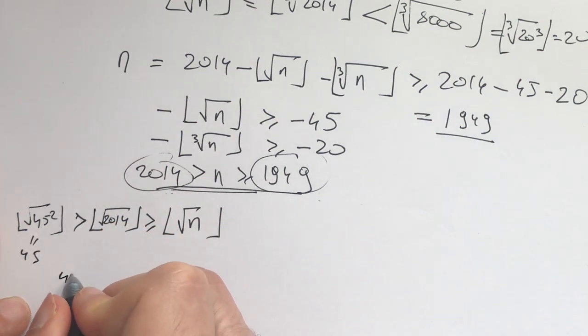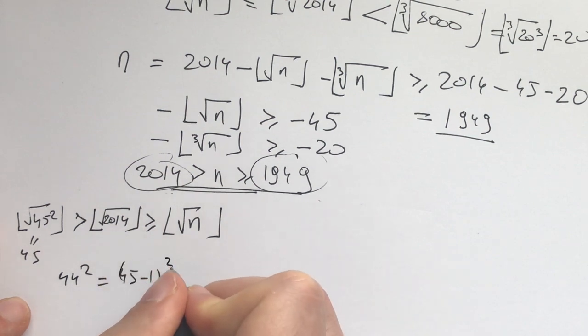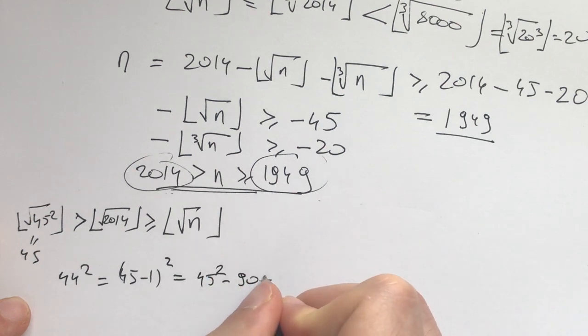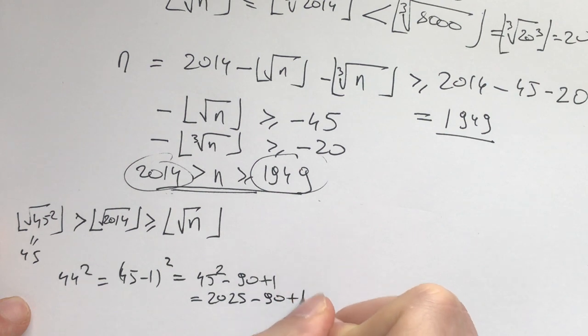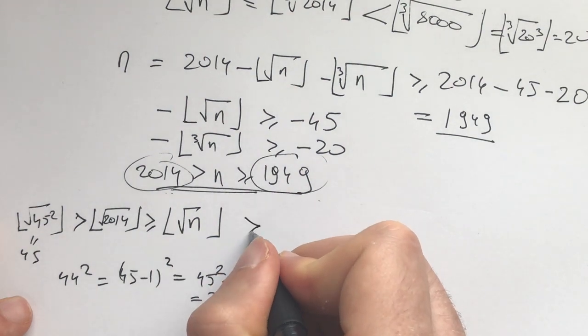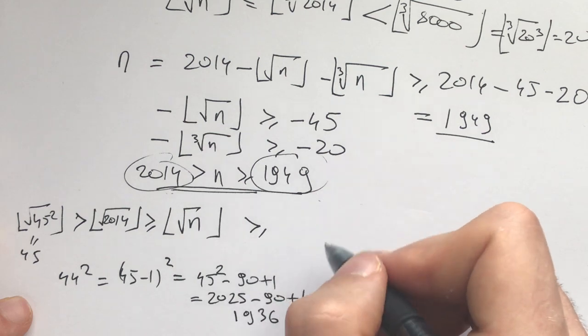Now, what is 44 squared? Well, this is 45 minus 1 squared, which is equal to 45 squared minus 90 plus 1. And this is 2025 minus 90 plus 1. And what does this give us? It gives us 1936.